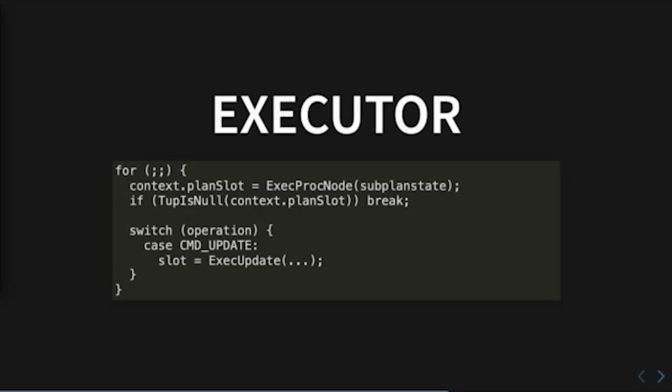OK, here are some bits from exec modify table now. As you can see, this is also just looping forever, asking its child node for tuples, and then doing its thing with those tuples. And this is the same code for insert, update, delete, and now merge also. But then it will do the right thing for each of those cases.